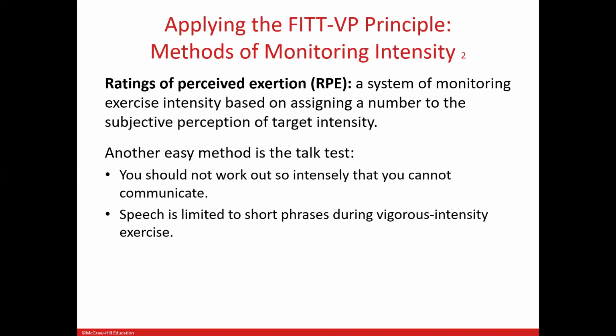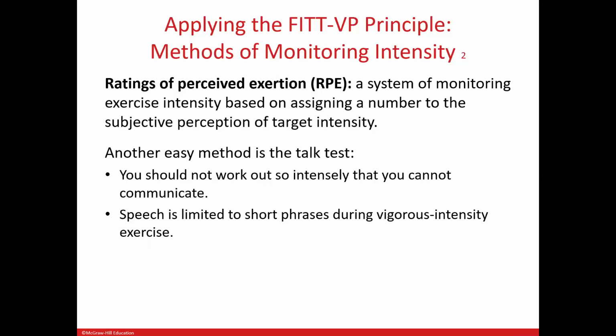RPE is a rating of perceived exertion. This is to monitor how you feel you're doing at the moment. There's a scale, and another easy method is the talk test. Are you able to communicate during your exercise or not?